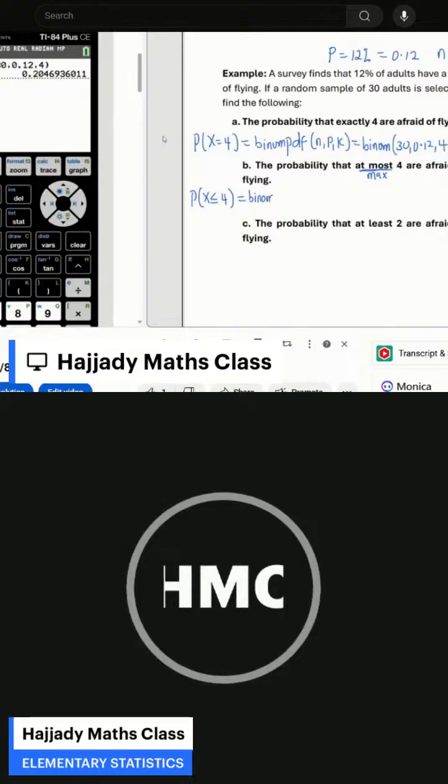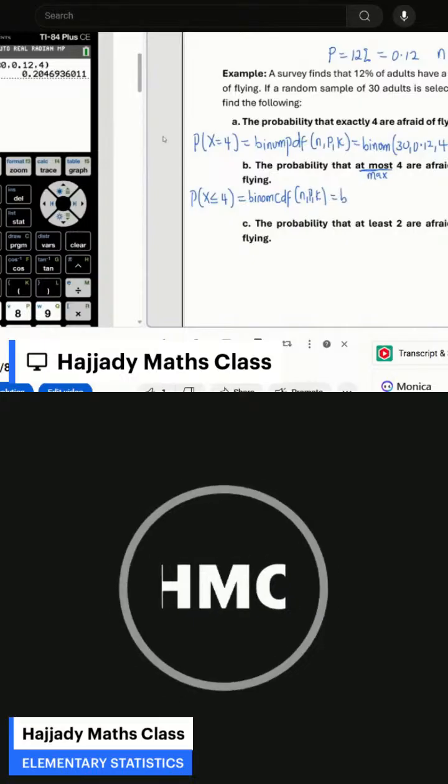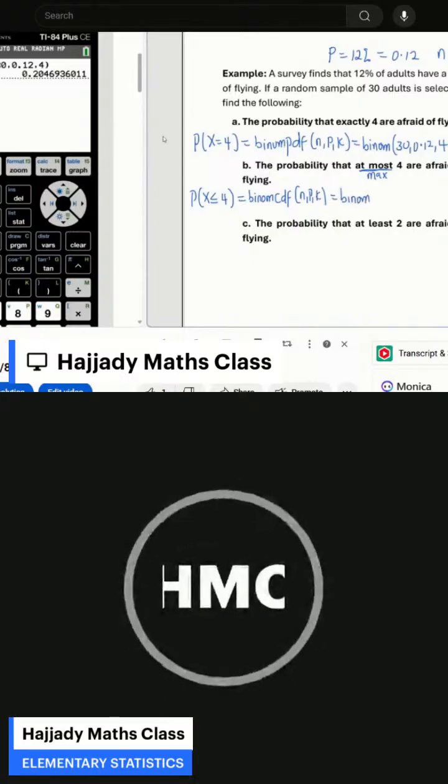So here we have the binomCDF. In this case, for at most, we are using the CDF and not the PDF. So binomCDF with N as 30, P as 0.12, and K as 4.